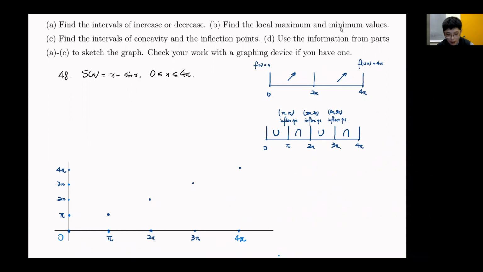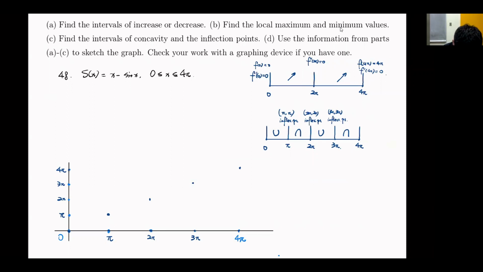These are the endpoint function values. All right, so let's proceed to draw the diagram. You could easily check that at the number 0 as well, f prime of 0 equals 0, and f prime of 2 pi equals 0, and f prime of 4 pi equals 0. We computed that on our previous page.